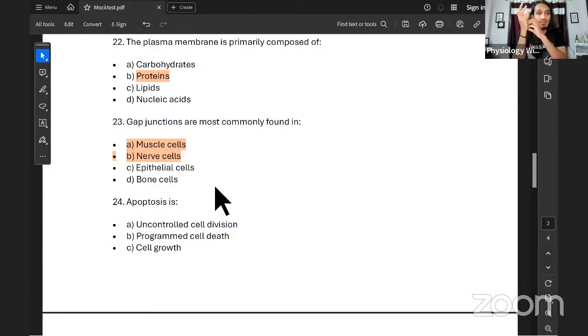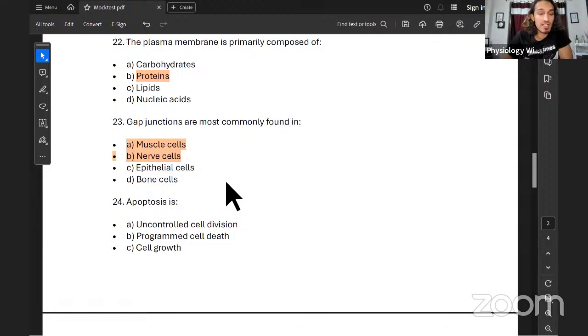And if you just simply look at the number of cells in the entire body versus the number of neurons just in the brain, which comes to billions, that by itself shows that the gap junctions are going to be so much higher in your CNS than elsewhere.